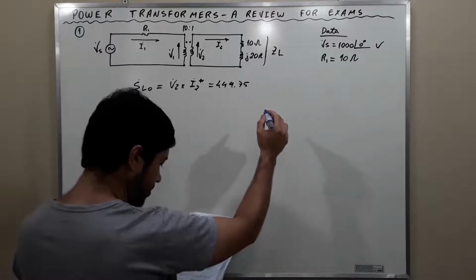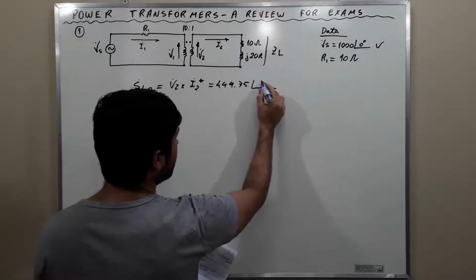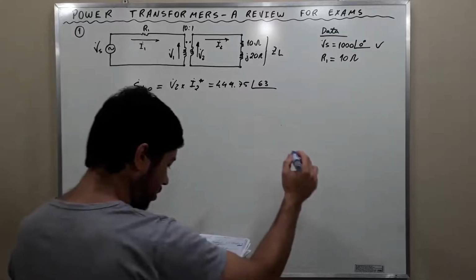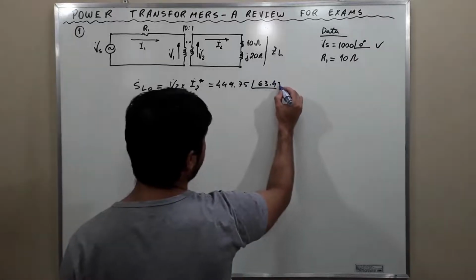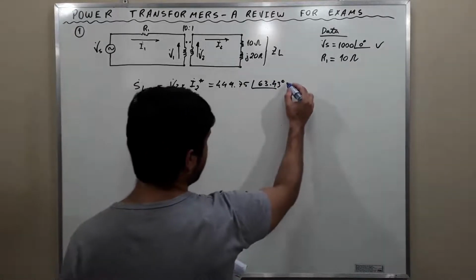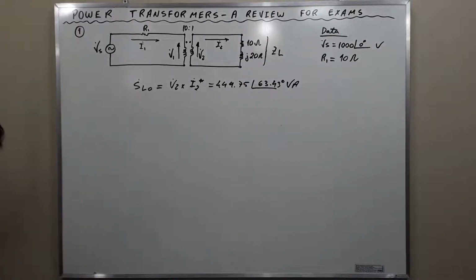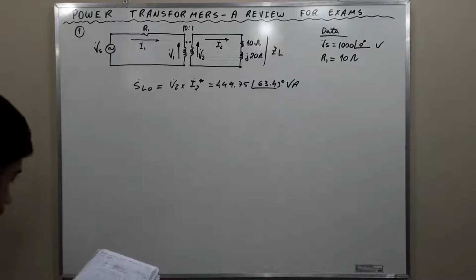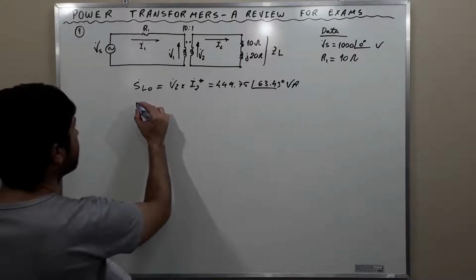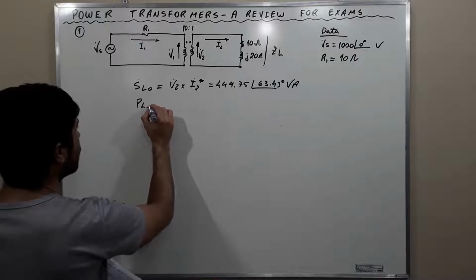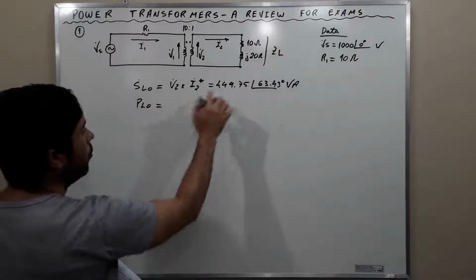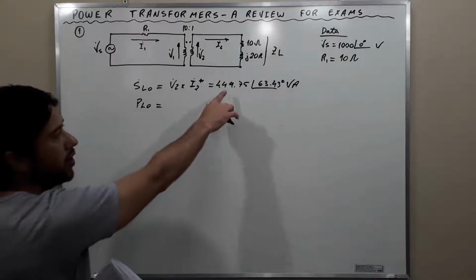444.75 phase 63.43 degrees volt ampere. Alright, this is the complex power delivered to the load. To calculate the real power delivered to the load, we take this number, which is the apparent power.